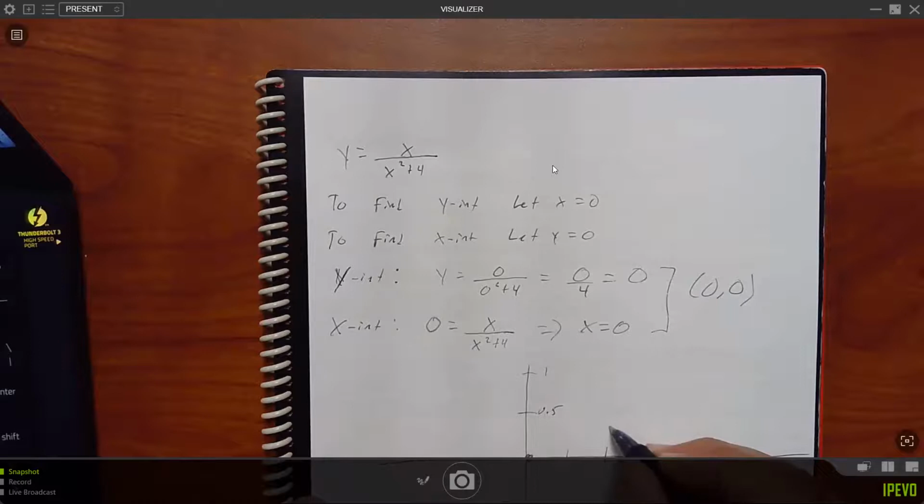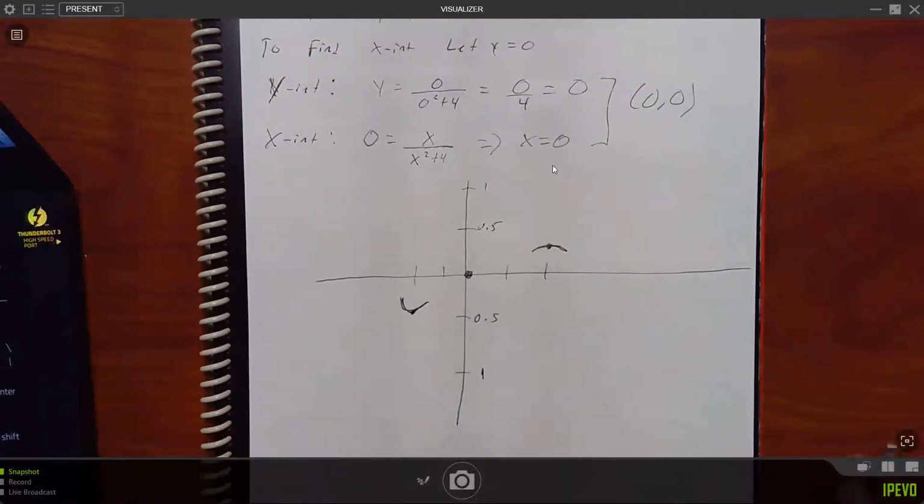So at 2, we have a point at 1/4, some sort of maximum. At -2, we have a minimum, right? Something like this.